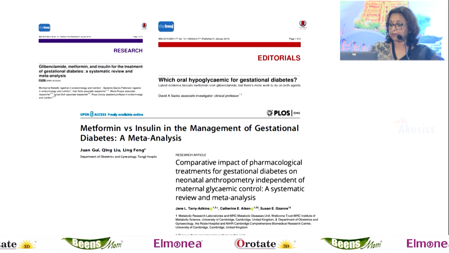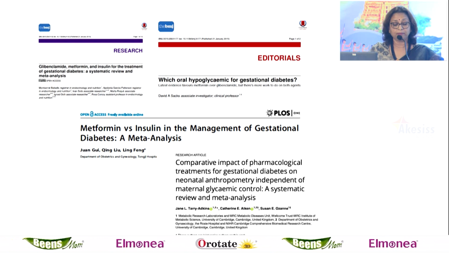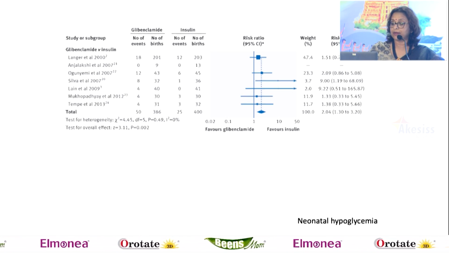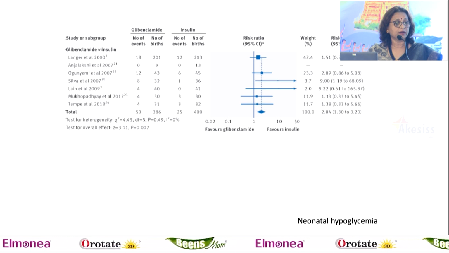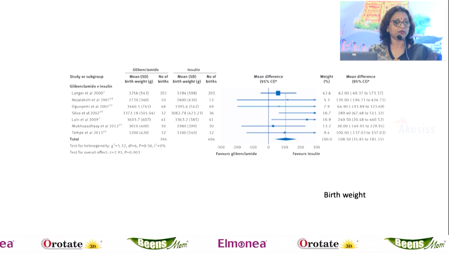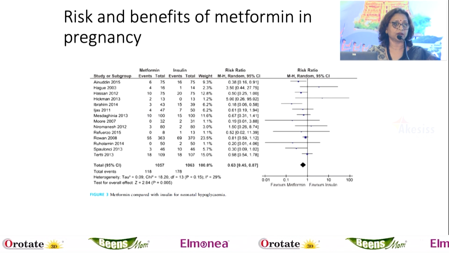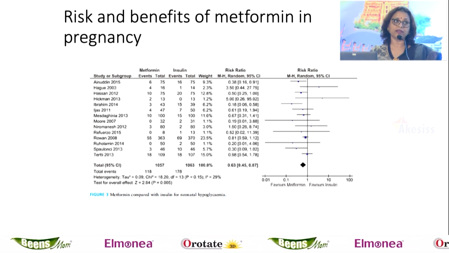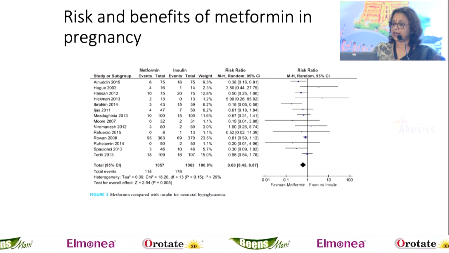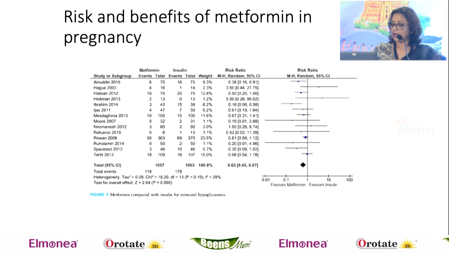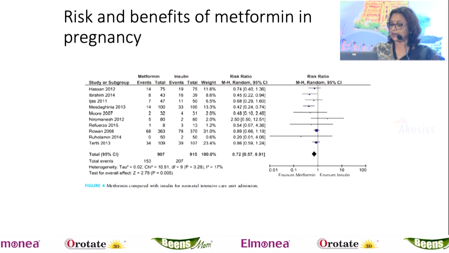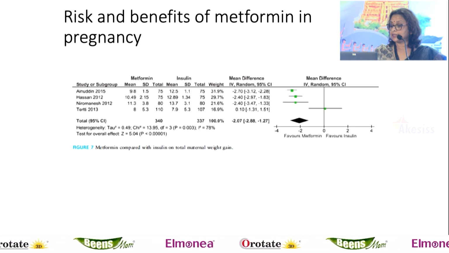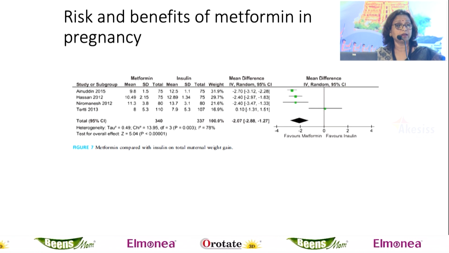And there are a lot of publications and meta-analyses which compare the drugs, and in general, comparing glibenclamide with insulin, glibenclamide performs poorly whether we are looking at birth weight or neonatal hypoglycemia, whereas when you look at risk and benefit of the use of metformin in pregnancy over insulin, there is a tendency for metformin to have less neonatal hypoglycemia, less NICU admissions, and less maternal weight gain.